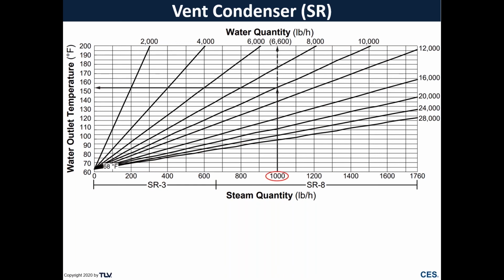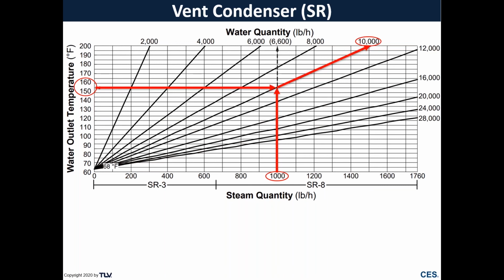And the next thing we have to determine is what is our desired cooling water outlet temperature. So let's say that temperature is somewhere between 150 and 160 degrees. So the result here is that in order to accomplish this goal, we would need 10,000 pounds an hour of cooling water.